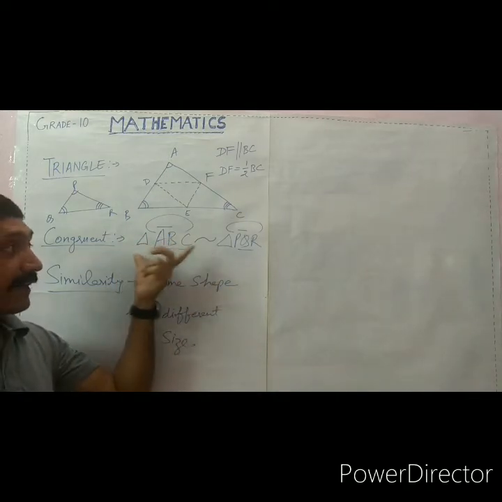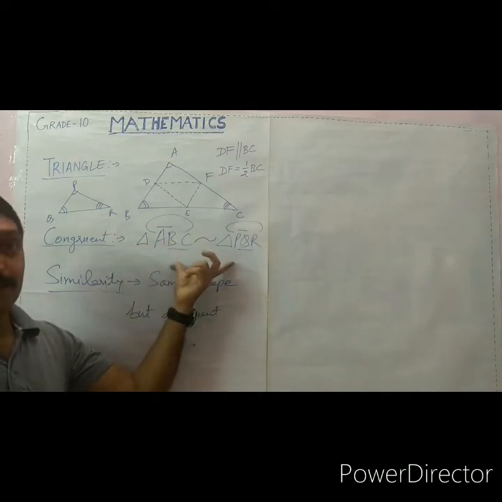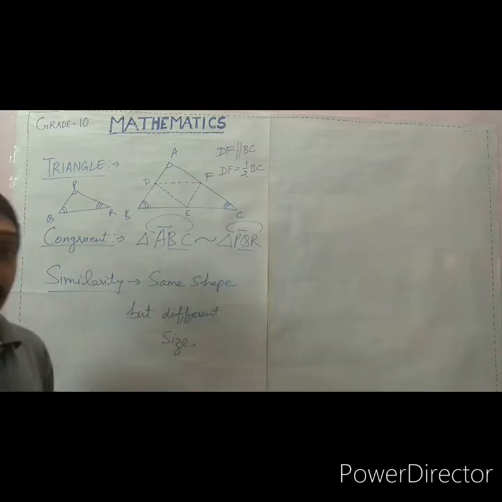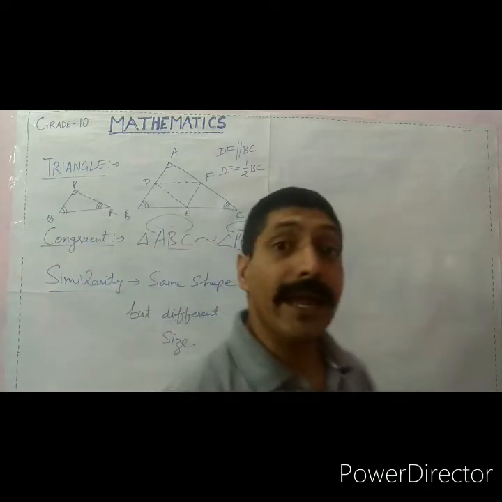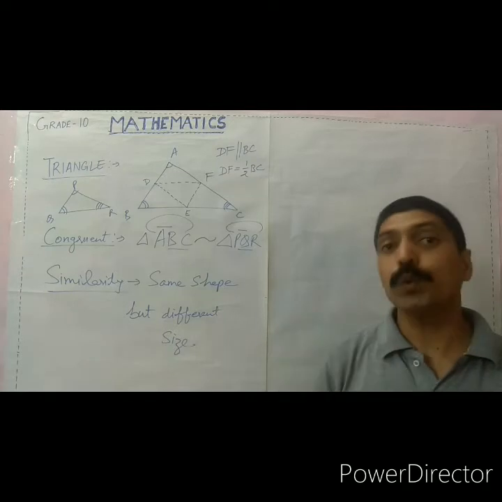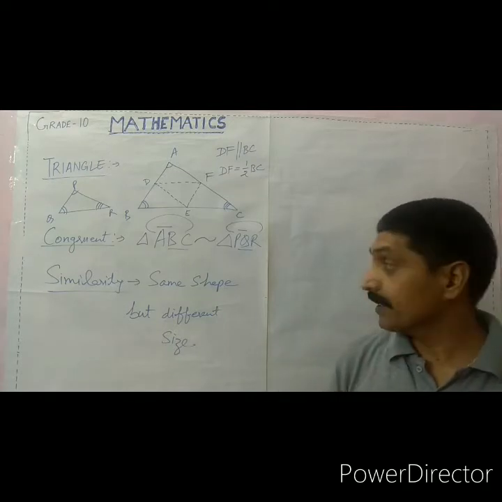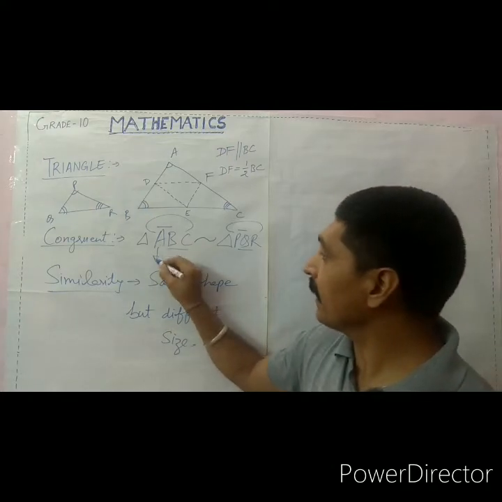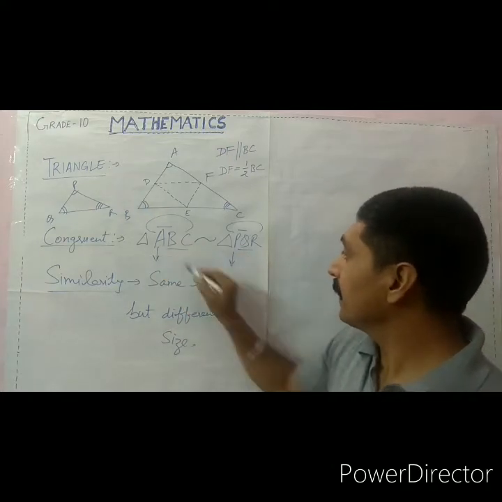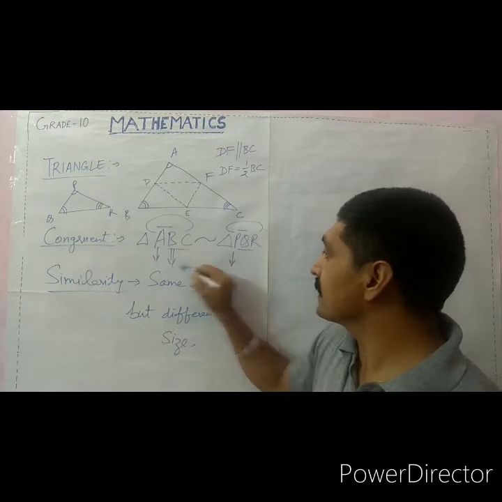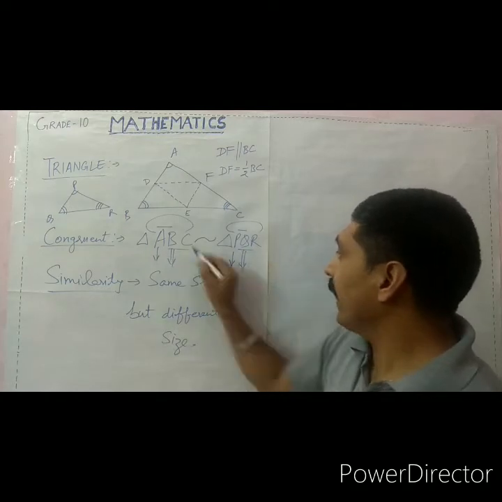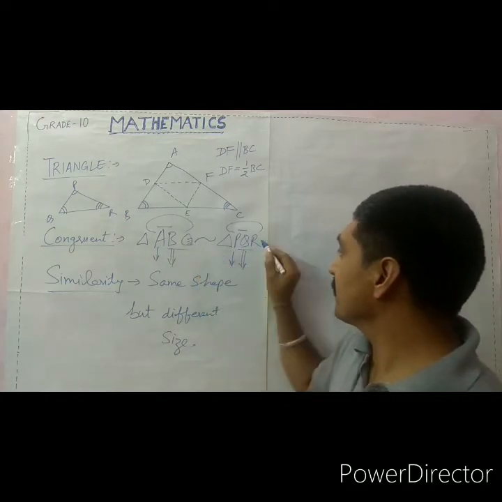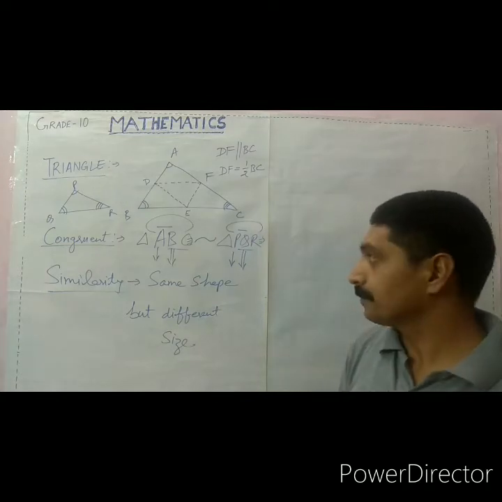So two triangles are similar when their corresponding angles are equal and their corresponding sides are in proportion. Corresponding angles means angle A is equal to angle P, angle B is equal to angle Q, and the third angle C is equal to angle R.